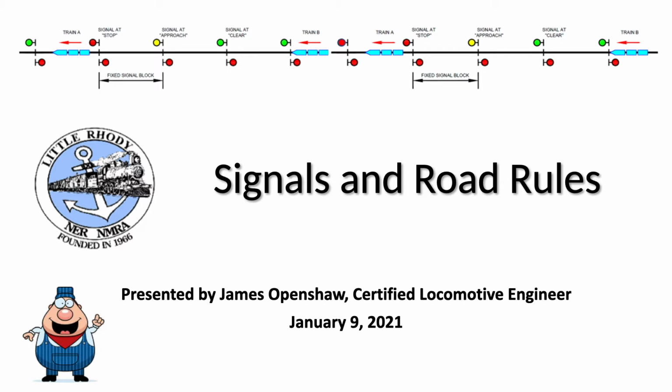dispatcher. I got a little diagram on the top here, and it shows you the trains and where they are and how they knock down the signals. If you take the train on the right, the signal all the way to the right is green for the next train, then a yellow, and then a stop. A yellow means approach, prepared to stop at the next signal.